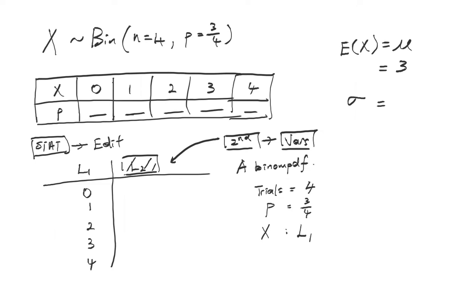Square root of 4 times 3 over 4 times 0.25, 0.866. Correct?